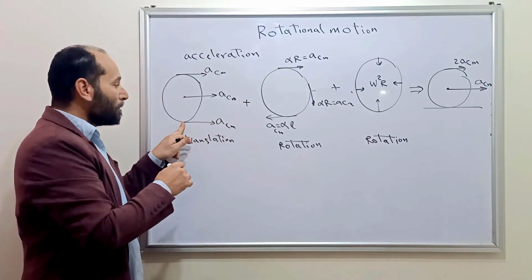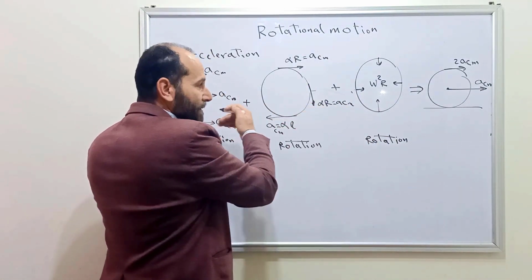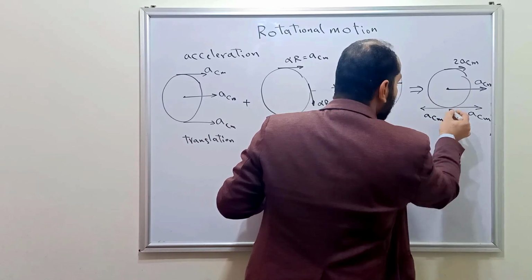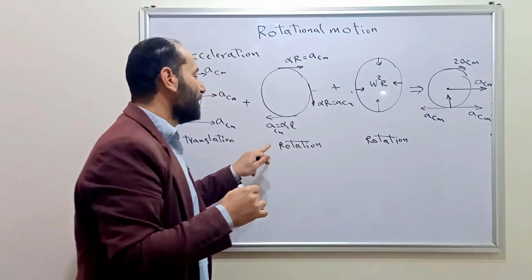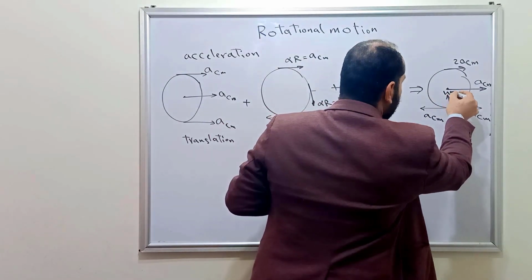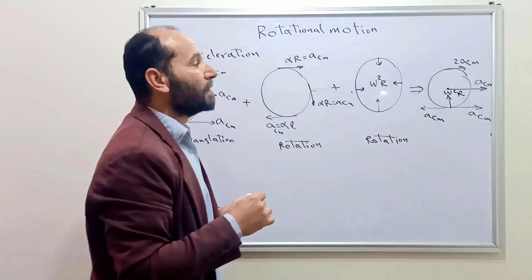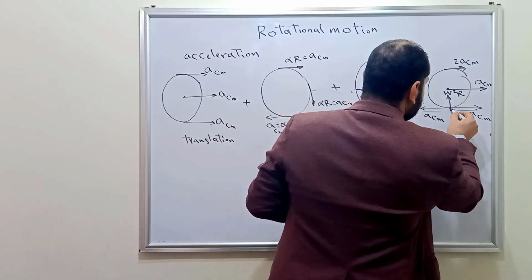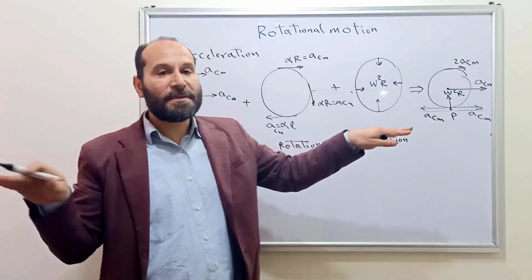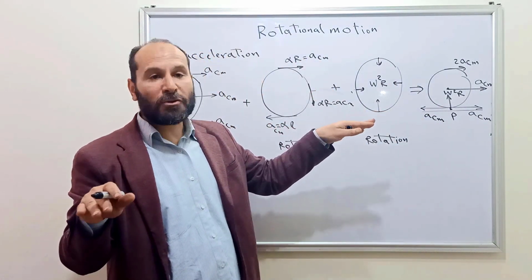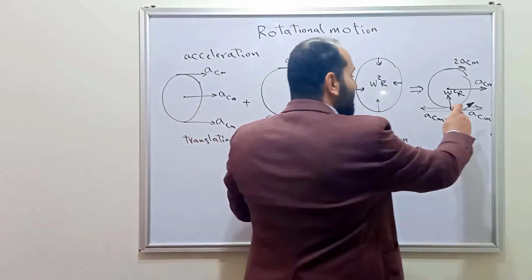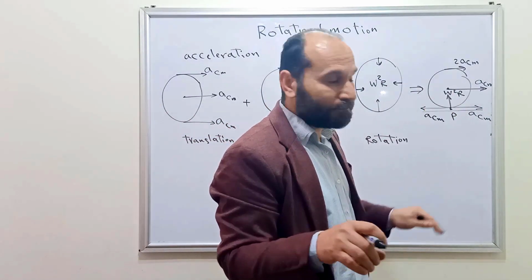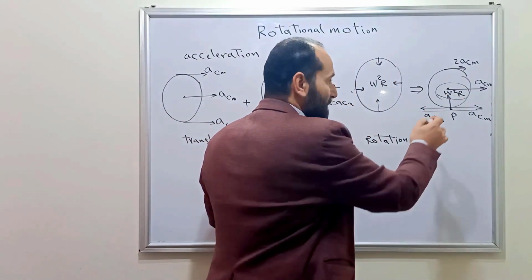At this point we have ACM in this direction, ACM in this direction, and in this direction we have omega squared r, the centripetal acceleration. So at point B, we have two opposite accelerations of the same magnitude and opposite direction. So ACM and ACM vanish, and omega squared r is the total acceleration at this point.